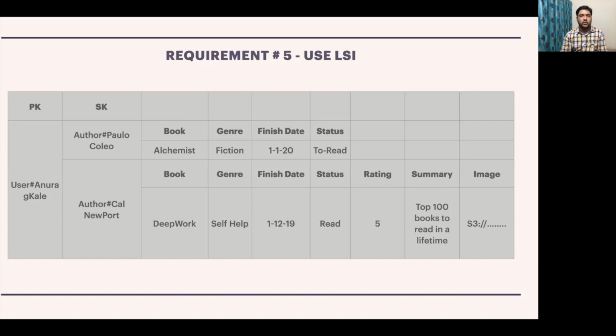With this implementation of LSI, I am now able to look for the particular user. In this case, Anurag Kai, I am able to look at the different books that he has read, and with this implementation, I can filter by the authors of the books that he has read.